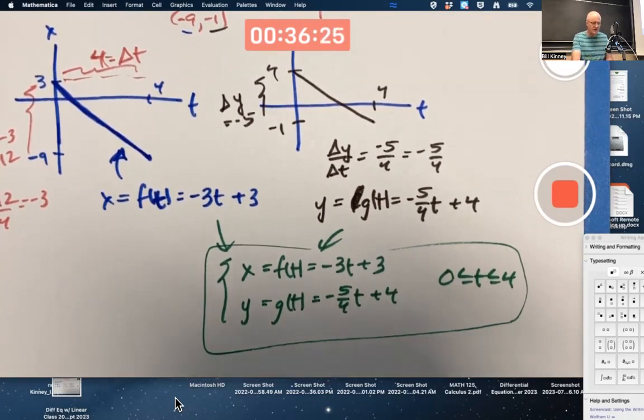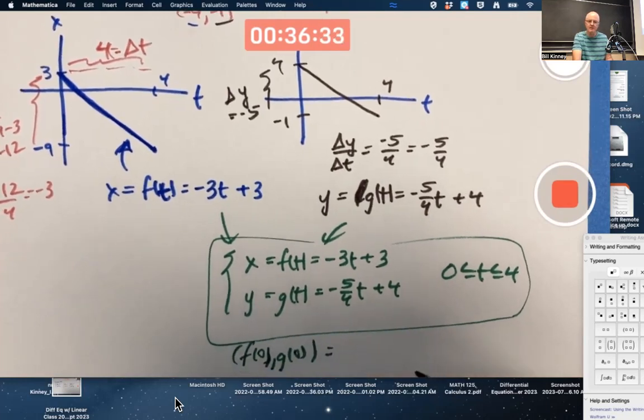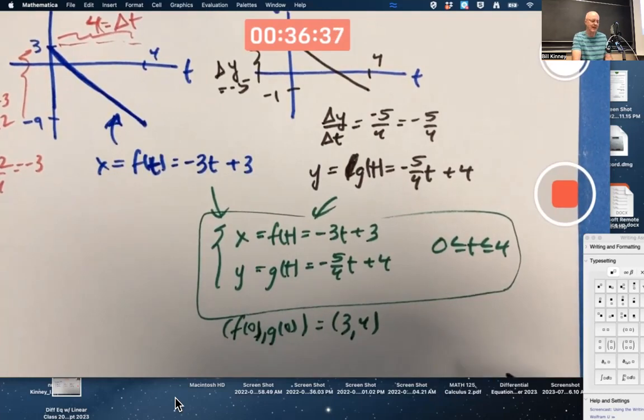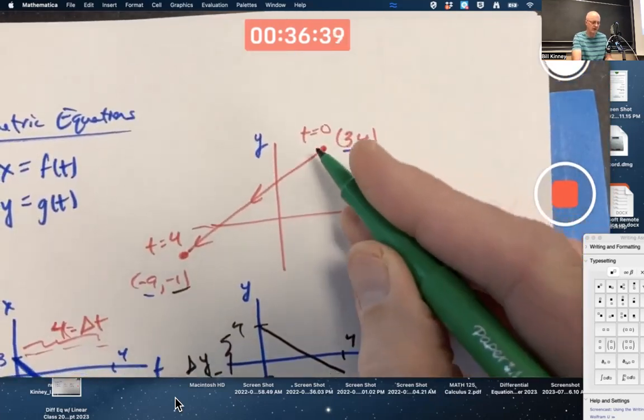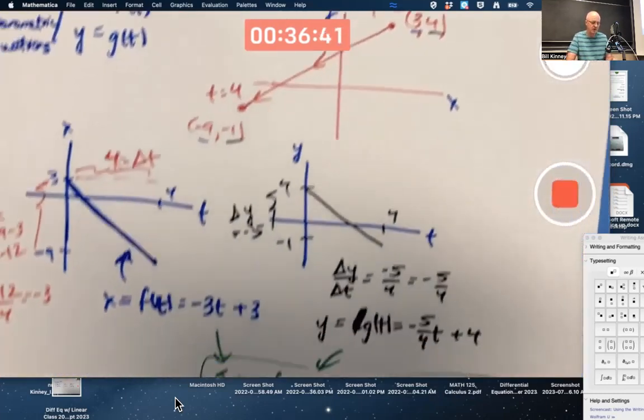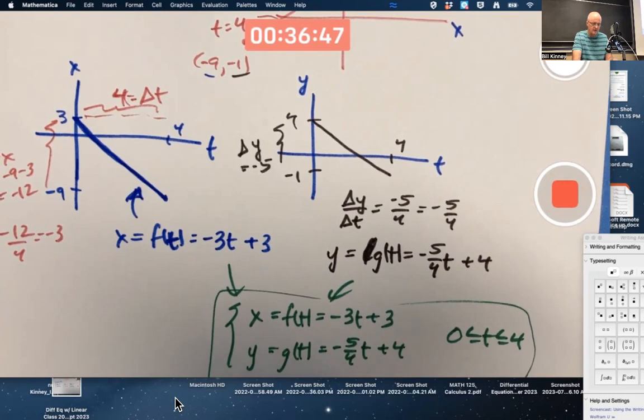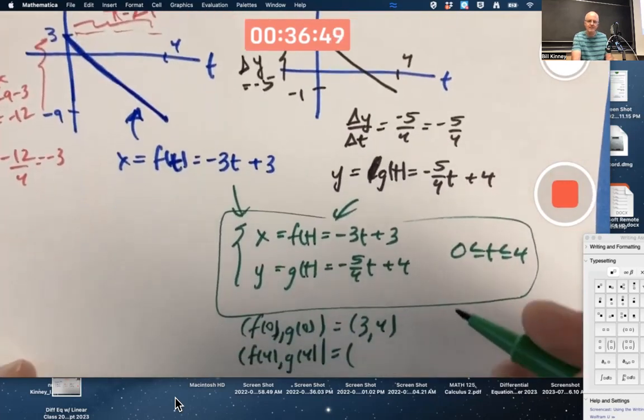It's worth probably double checking that f of 0 comma g of 0 is the starting point. Plug in t equals 0, you get the point (3, 4). Yep, that's right. That is the same as the starting point up here. And when you plug in t equals 4, f of 4 comma g of 4, do you get the ending point?